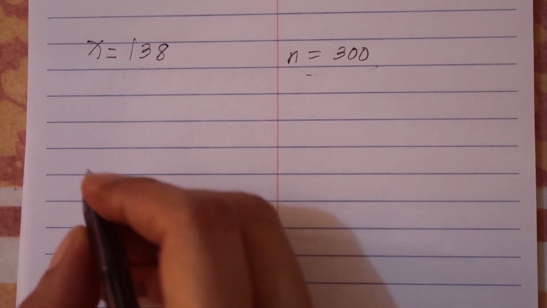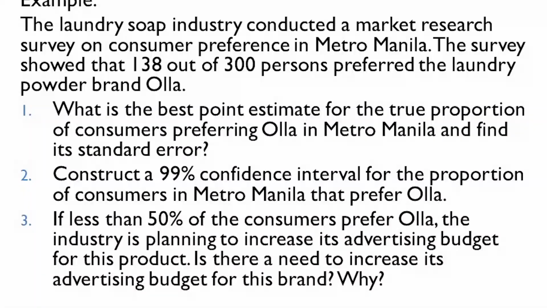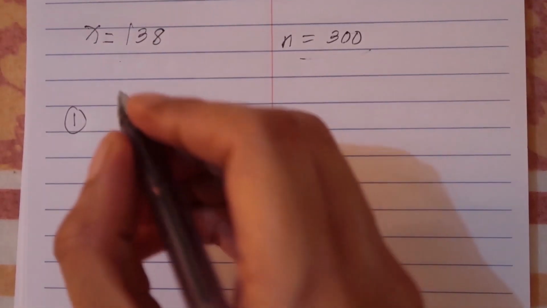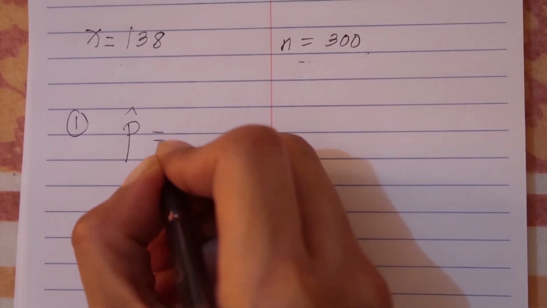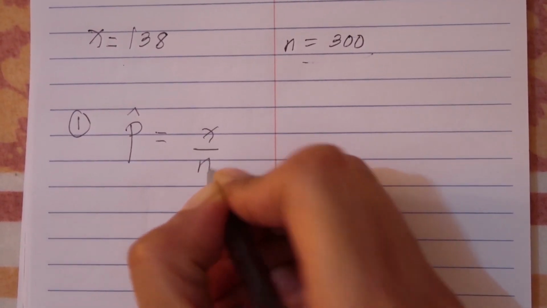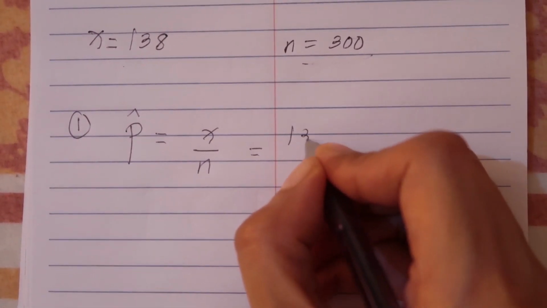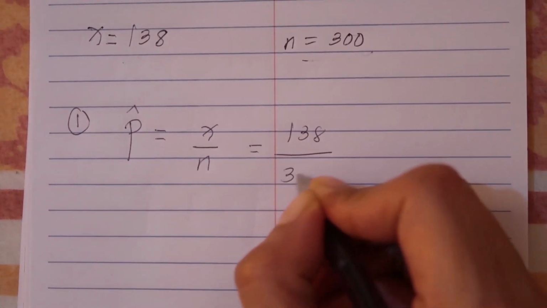So number 1, what is the best point estimate for the true proportion? When we say best point estimate, you are referring to the sample proportion. The sample proportion, denoted by p hat, is equal to x over n. So your x is 138 over 300.